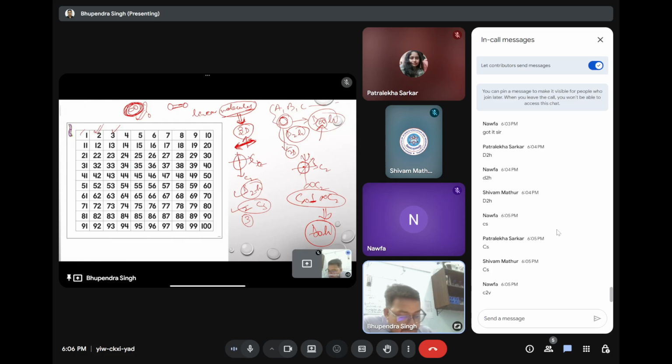What is the point group of 3? Nafa is saying C2v. Shivam, Patlekha, okay. The point group is actually C2v. Point group of 4.